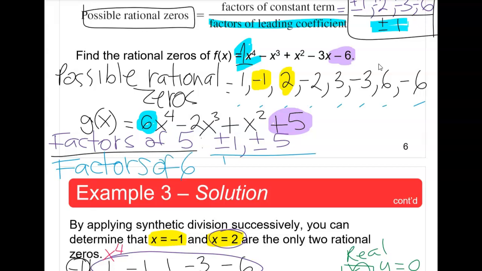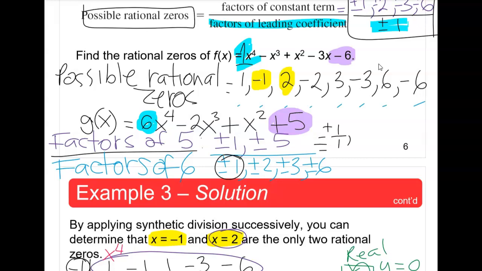So it could be plus minus 1, plus minus 2, plus minus 3, and plus minus 6. So what we're going to have is several combinations. We're going to have 1 divided by 1, like we have here, and of course a plus minus.